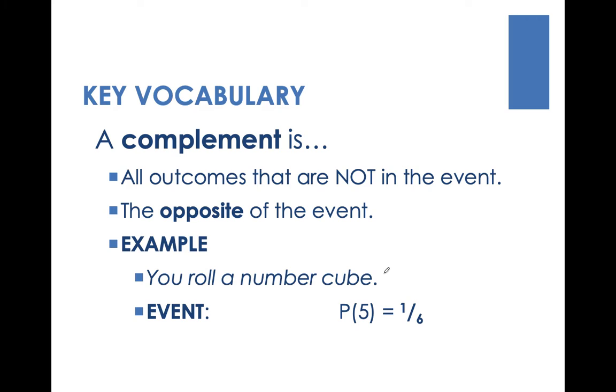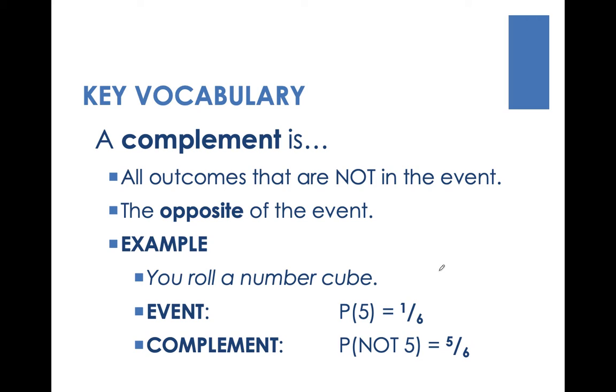The probability of you landing on a 5 is 1 out of 6 chance, since there is 1 5 on the die and 6 total sides on that die. The complement of that event is the likelihood of you rolling the die and not landing on the number 5. In other words, what's the likelihood of you landing on anything else but a 5? And that would be 5 out of 6.